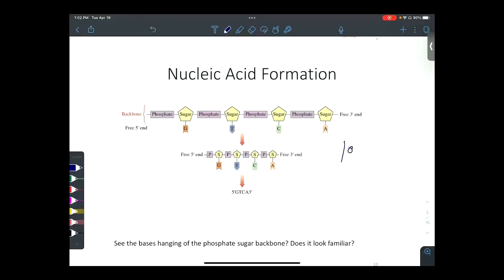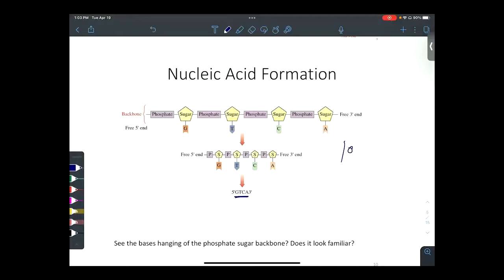All right, so right here, that order, so this is GTCA. The order of those nitrogenous bases is our primary structure. It is, again, important, the order, so we need to make sure that we read it in the correct way.